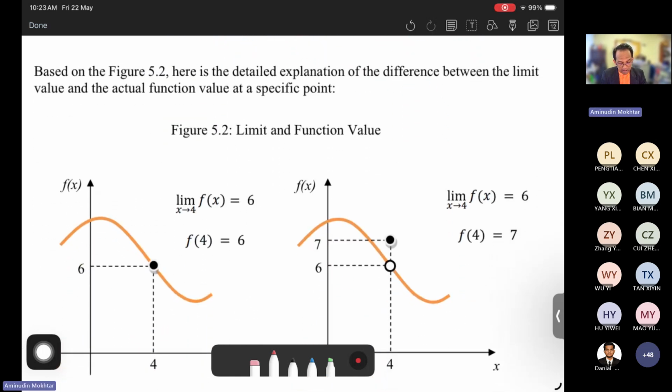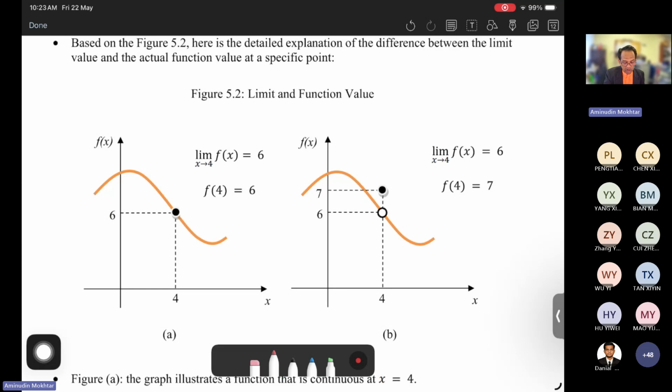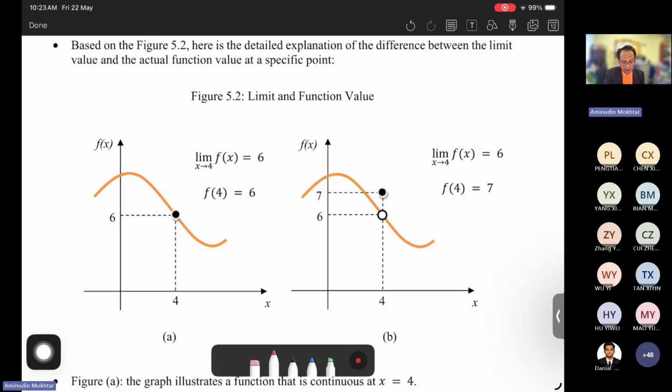Okay, there is another explanation. There are two figures. If you refer to figure 5.2a and b, there are two graphs here. These graphs explain the difference between the limit of y and the value of y.